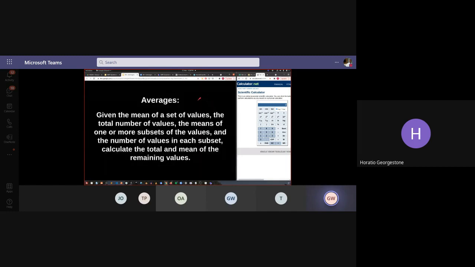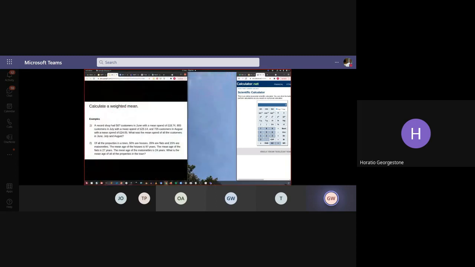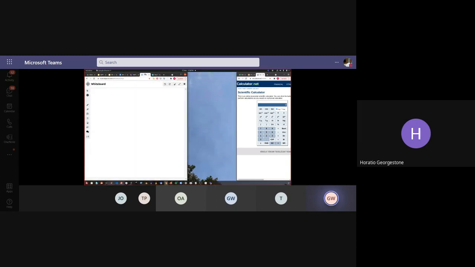Okay, so let's start with the first question. I'm going to try and put these side by side so that we can keep an eye on the question while we do it. So if we visualize this a little bit, I'm going to do this in quite an abstract way. If this is all of the customers, then within that there are three subsets: the June customers, the July customers, and the August customers.